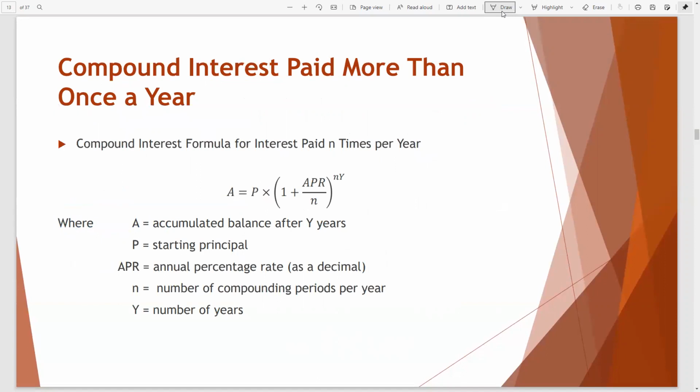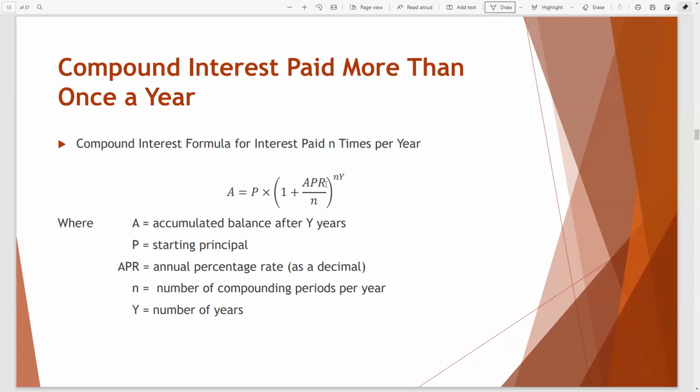Using the compound interest formula for a balance with interest paid n times every year, some accounts pay monthly, some annually, some twice a year, some every quarter of a year. The application could be different, so that's more than once a year.